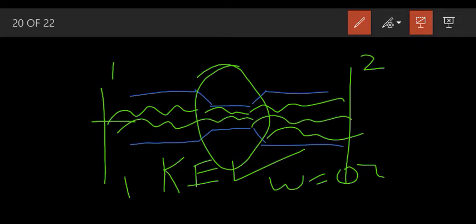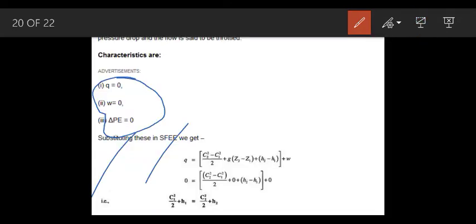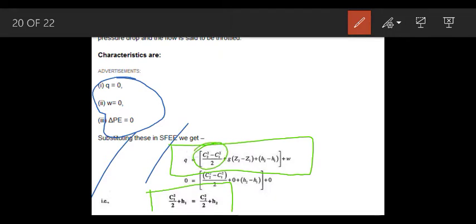So that's why potential energy is taken as 0, work done is taken as 0, and Q is taken as 0. Now when we substitute all this in the steady flow energy equation, we get the final result as this one. As I said, this is the kinetic energy. Only kinetic energy remains here.